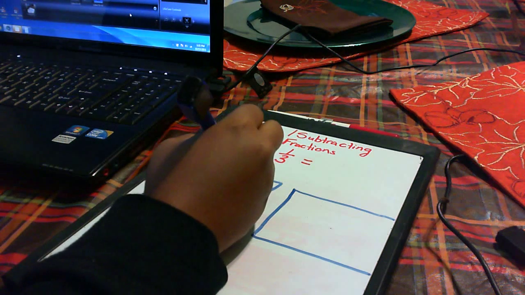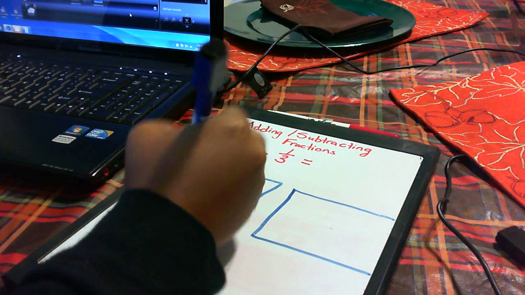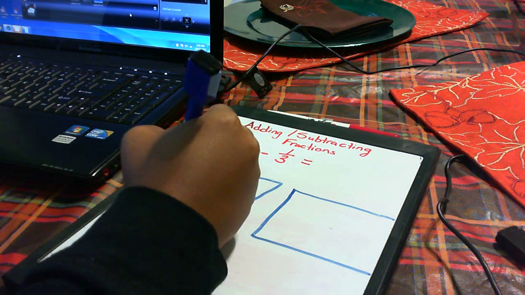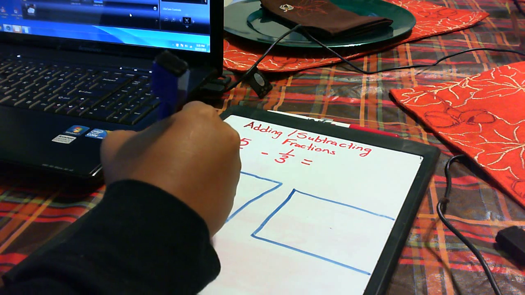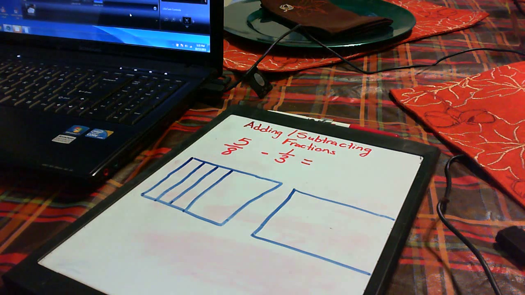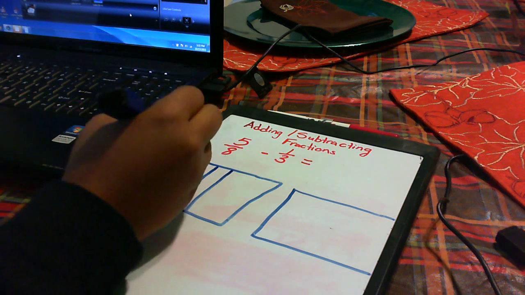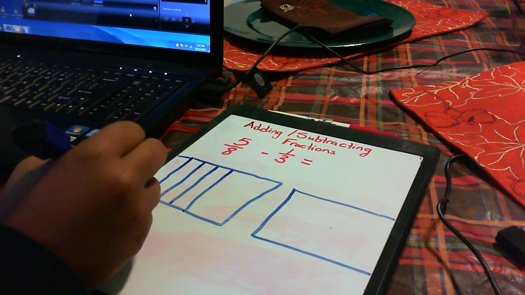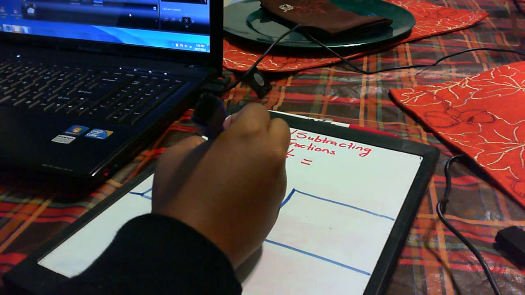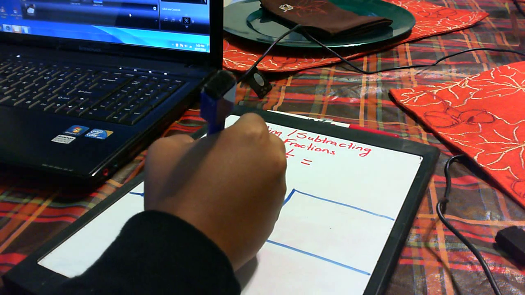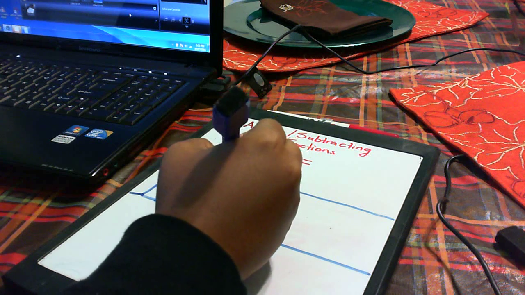So, bear with me as I get each side. To draw 8, what I did was I drew a line in the middle. Then I'll come back over here, and I know I have to draw 3 more lines.